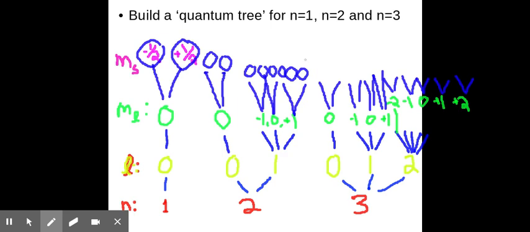So once you understand how these quantum trees are built, then you can start putting it together in your head as to how the periodic table shows you where electrons are placed around the nucleus.